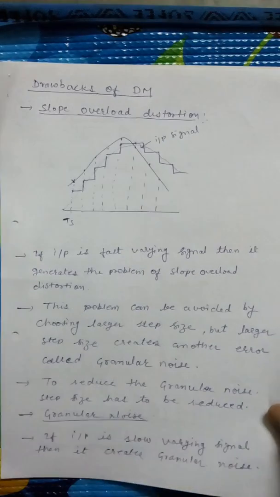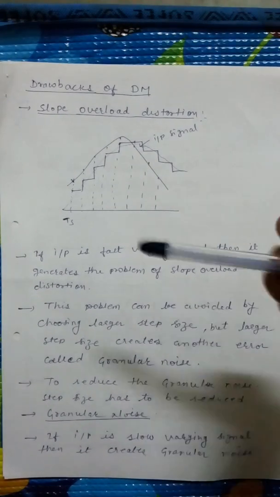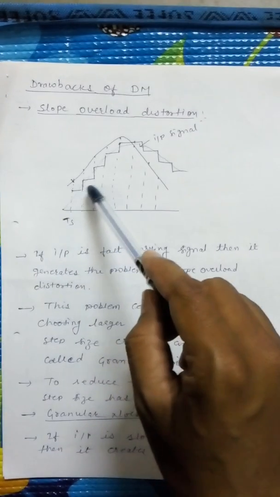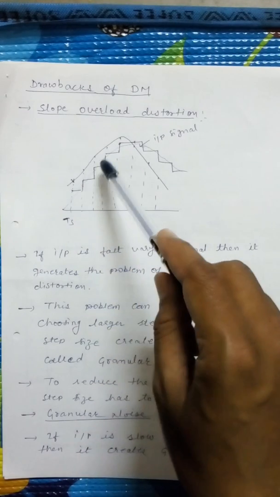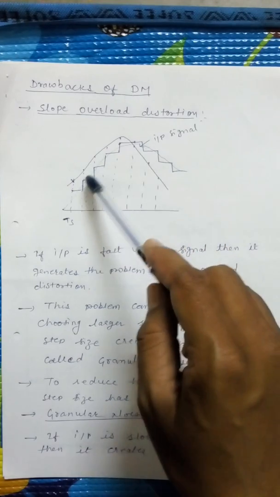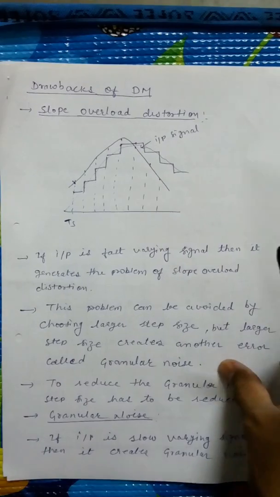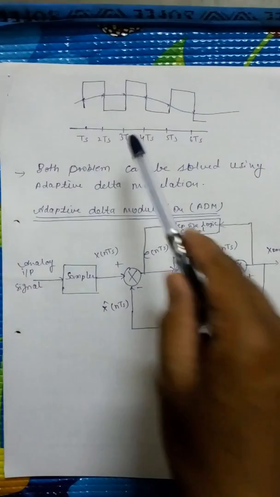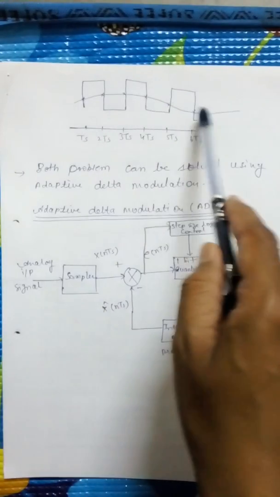When slope overload distortion occurs, we can see our approximated signal is unable to follow the slope of the message signal. This is the slope overload problem, and this graph represents the granular noise problem.